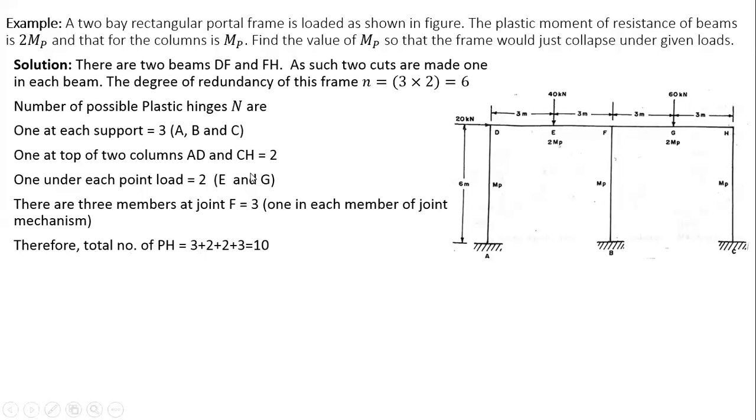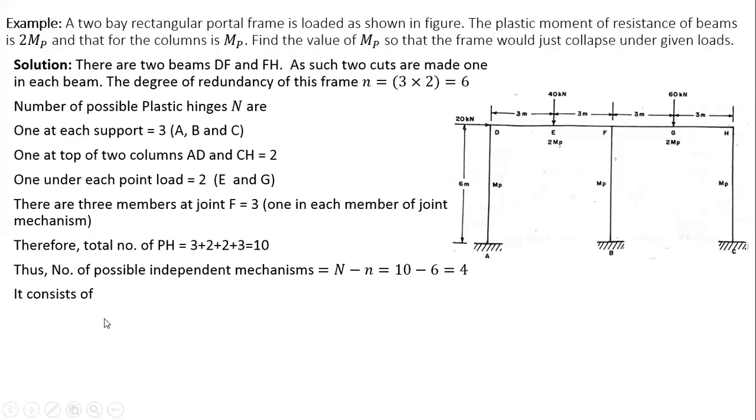So what is the total number of plastic hinges? Add all these, and we get 10. So the number of possible independent mechanisms will be the hinges 10 minus the degree of redundancy 6, which is 4. So what does it consist of? Two beam mechanisms, one is this one and another is this.